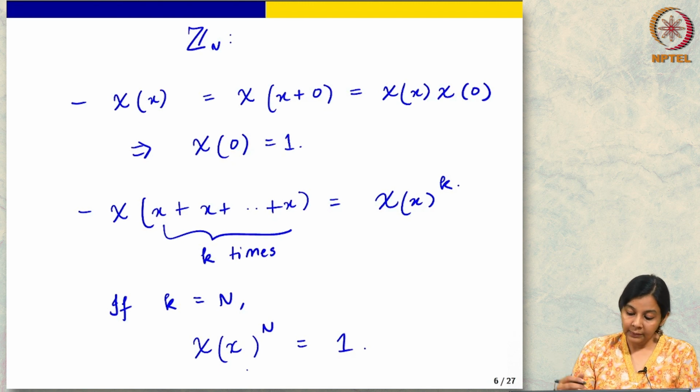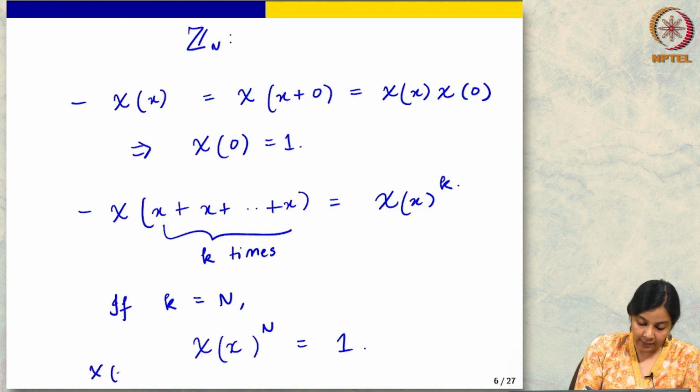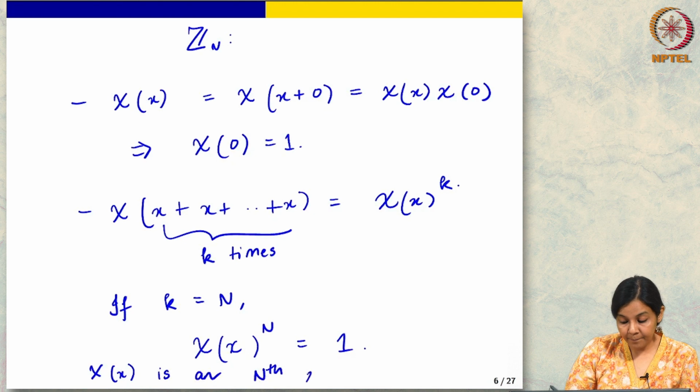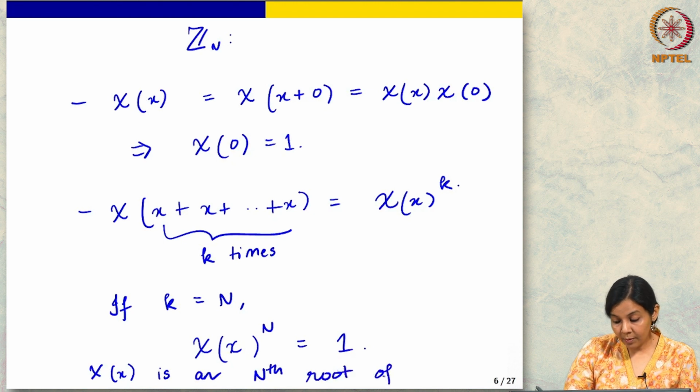This literally means that chi of x is an nth root of unity. This is exactly by definition.